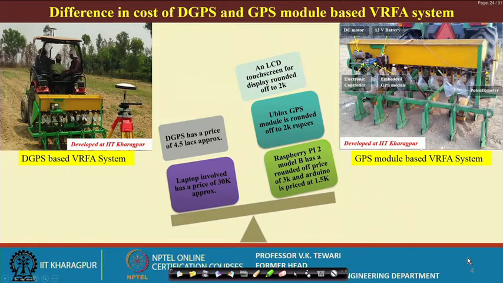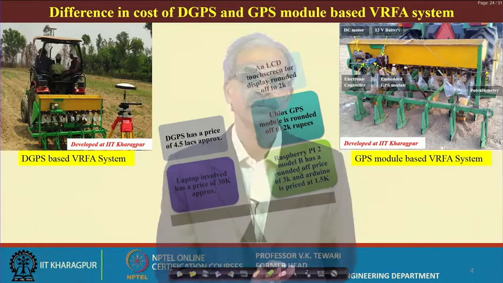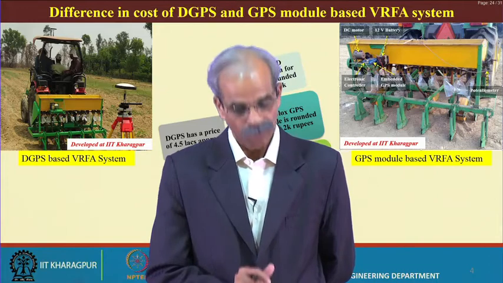Well, it is important, because I said in the beginning that we had discussed the differential GPS based variable rate fertilizer application system earlier. You may mark that this is a system which has an IPR and it is developed at IIT Kharagpur.